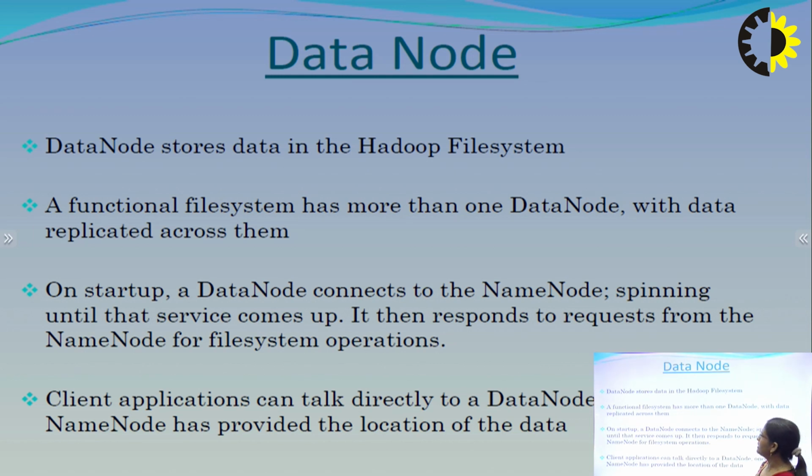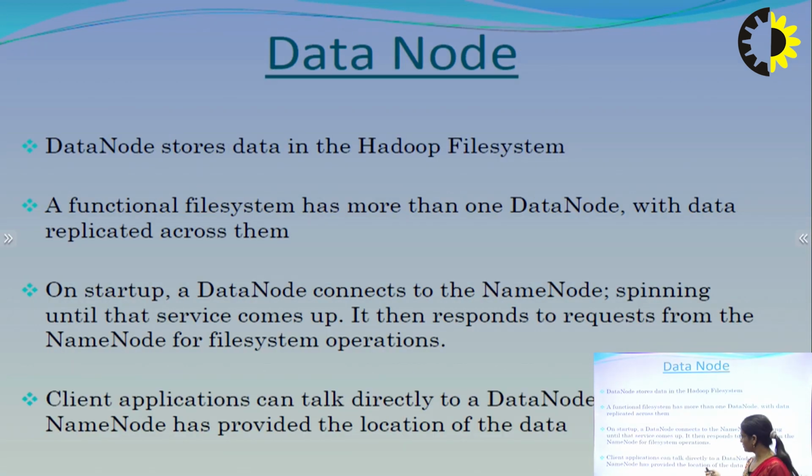So the data node stores data in the Hadoop file system. A functional file system has more than 1 data node, with data replicated across them. On startup, a data node connects to the name node, spinning until that service comes up. It then responds to requests from the name node for file system operations. Client applications can talk directly to the data node once the name node has provided the location of the data node.